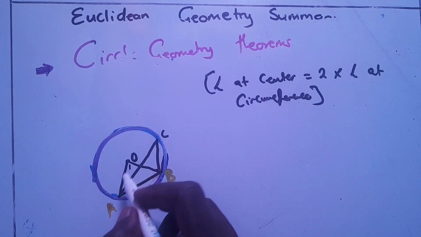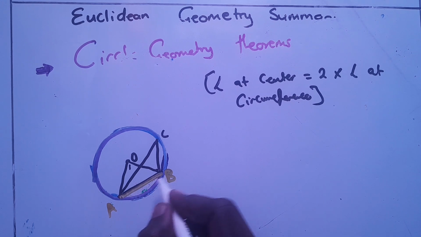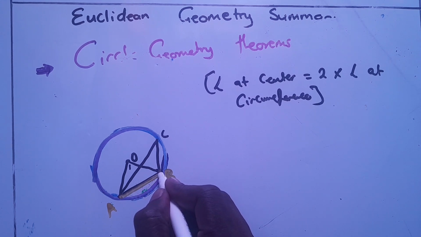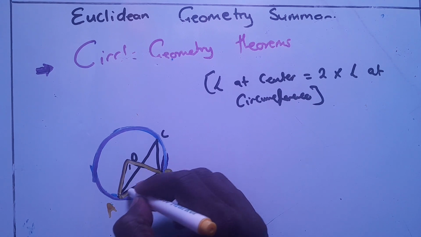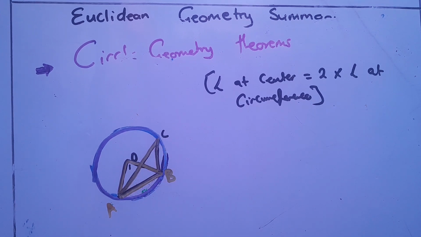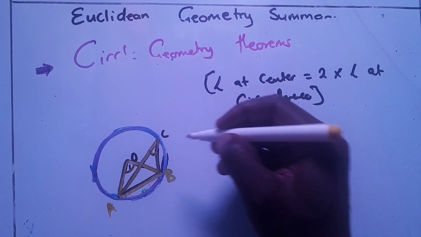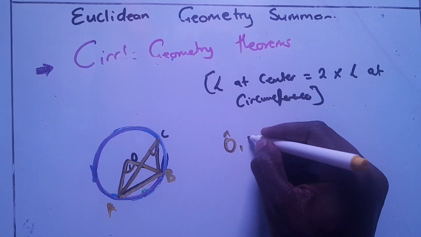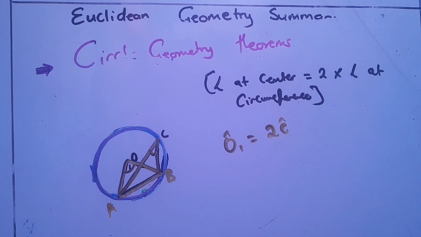Are these two angles given by the same chord? Because you can see that we're having a chord AB. If we follow the chord AB, it gives us our angle O1. And if we follow AB again, it gives us angle C. So we can now say angle at the center is equal to 2 times angle at the circumference. So our O1 is equal to 2 times our angle C.